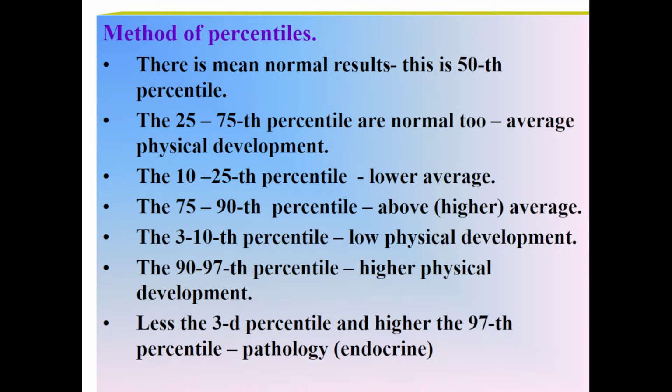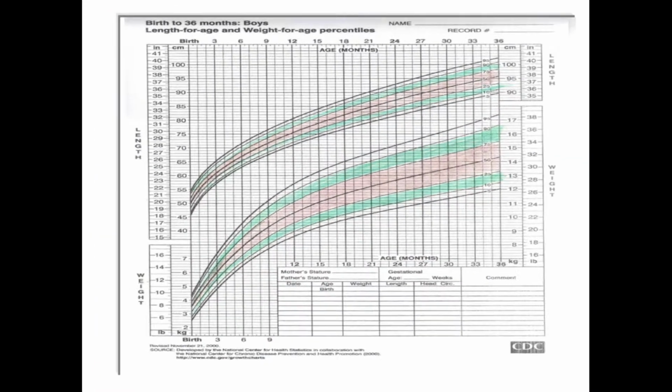Now you can see it on real graphics, the graphics of percentiles. We have different colors of points. On this graphic we can find different ages. We take the age of the patient and find the parameters of the body, in inches or centimeters, and weight is also present, for height and weight.